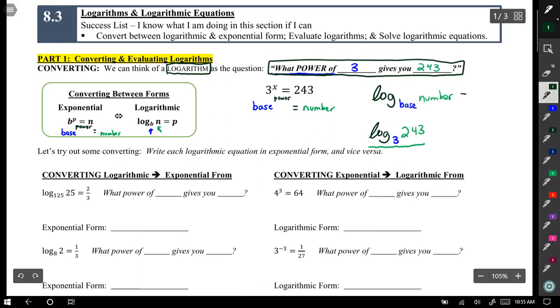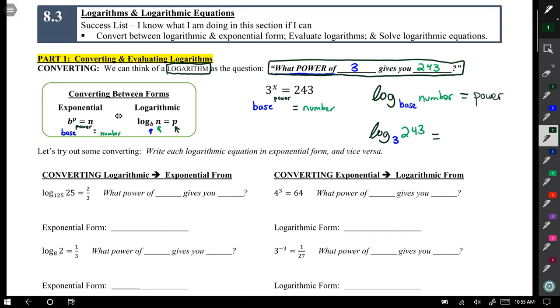I'm going to put my equal sign, and let's finish it off. Well, it equals your power. So what power of 3 gives me 243? And right here, it looks like the power is x. So I say it equals x.